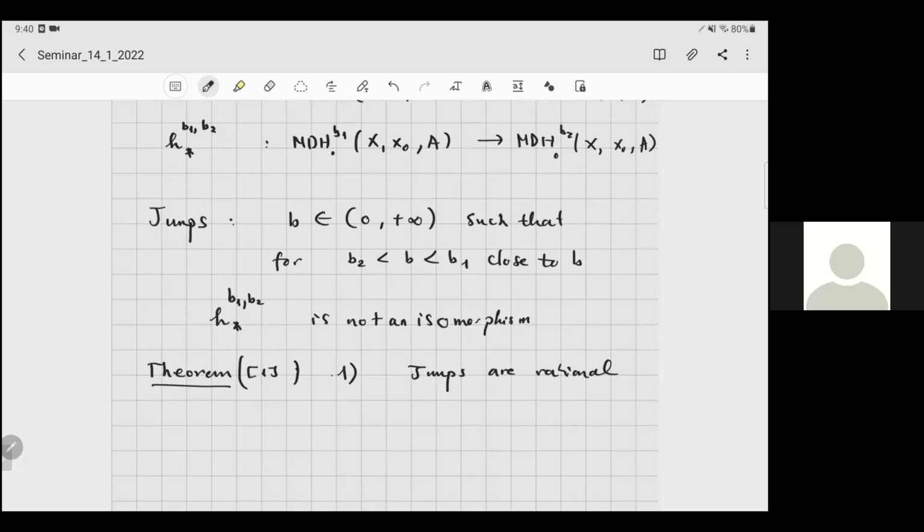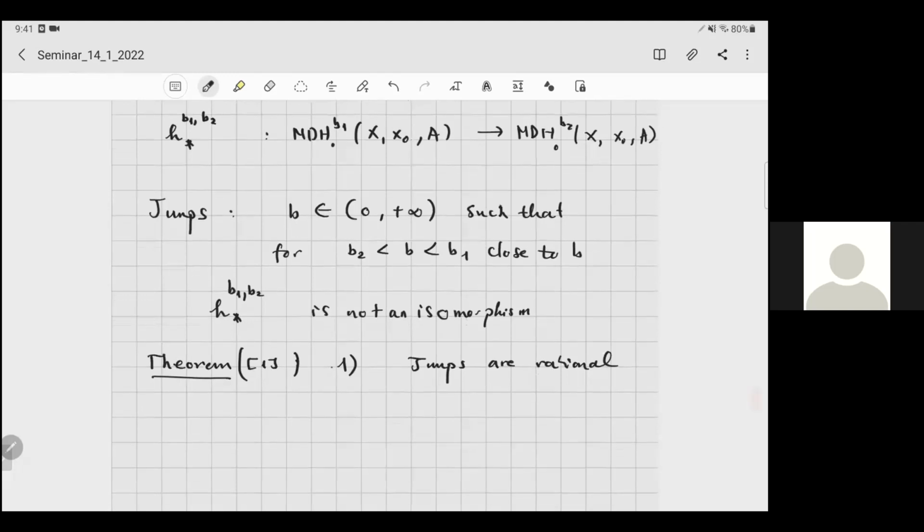It's like the Łojasiewicz exponent, right? For sub-analytic, we have everything related to rational numbers. If we work with the polynomially bounded o-minimal structure, then the term is not rational anymore. So it could be any positive real number.